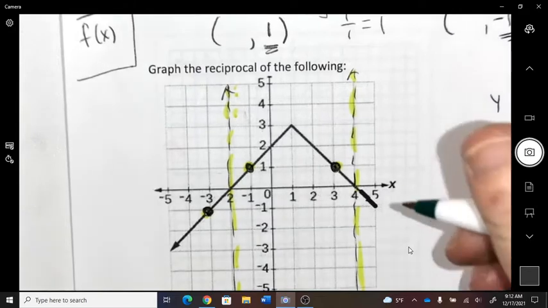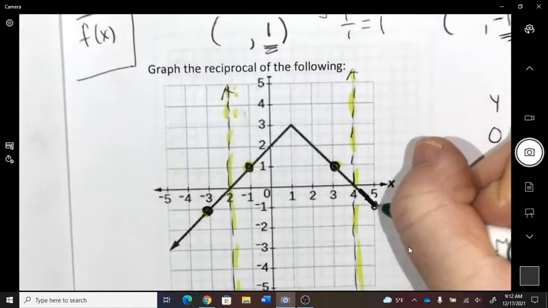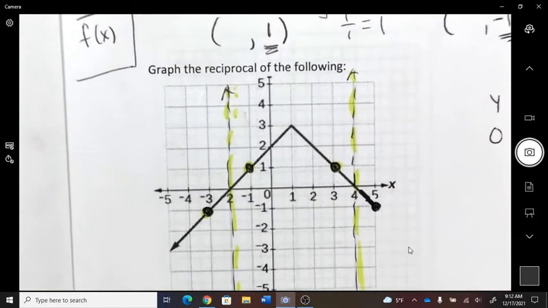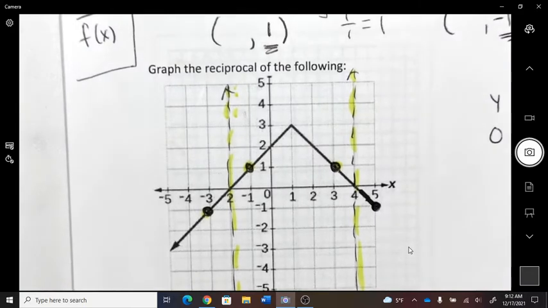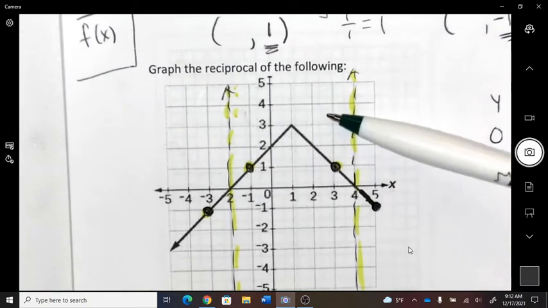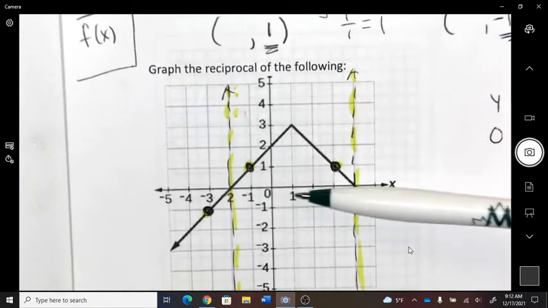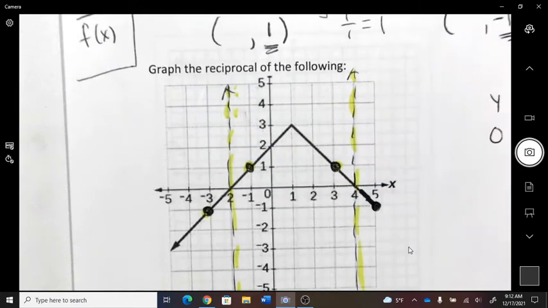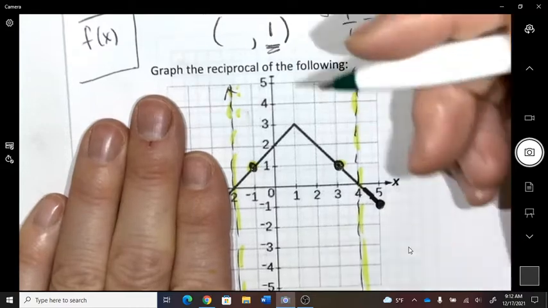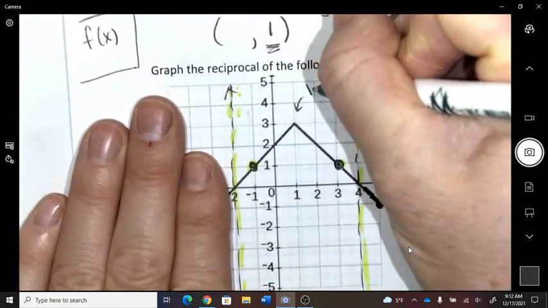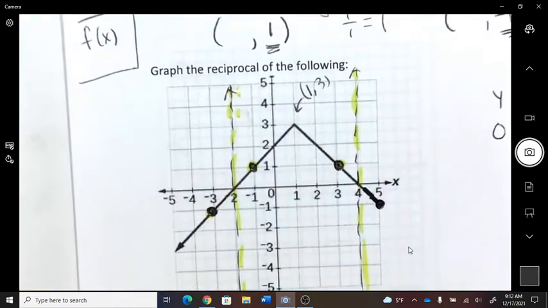Oh, there's another invariant point. Sorry, I missed this one. Okay, let's do this middle section first, I guess. Okay, I'm going to do just this section. This highest coordinate was 1, 3.